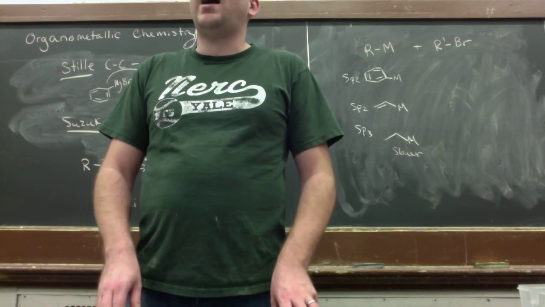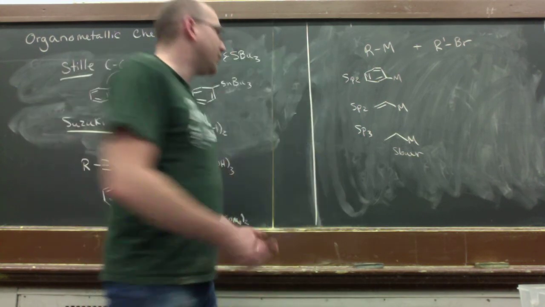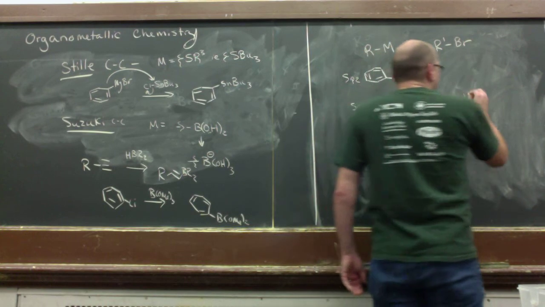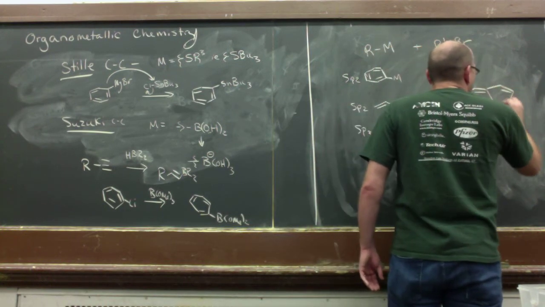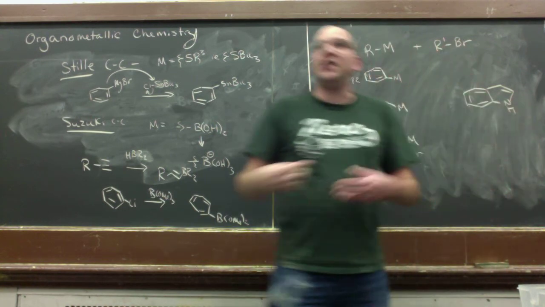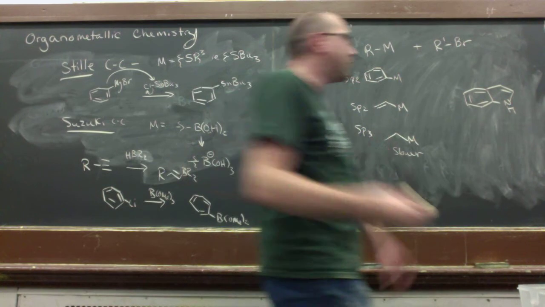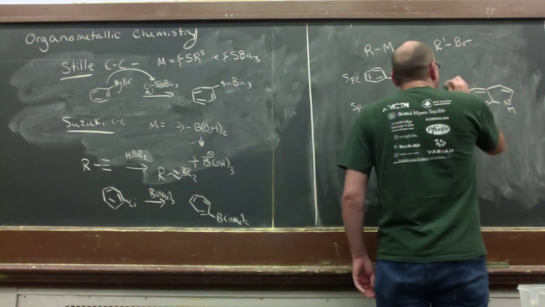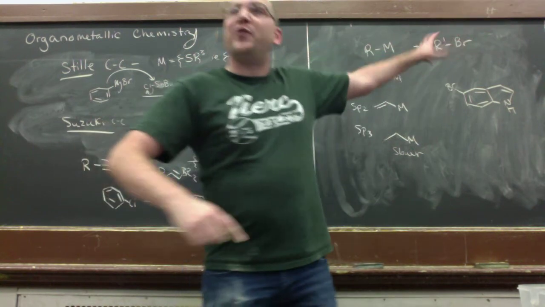If you have, for example, a pharmacophore, say an indole, and you know that the indole is really helpful for drug development. Now imagine that you're in a pharmaceutical company, and you can put a bromide in a position, and you know that there are alkyl groups out in this region that work.